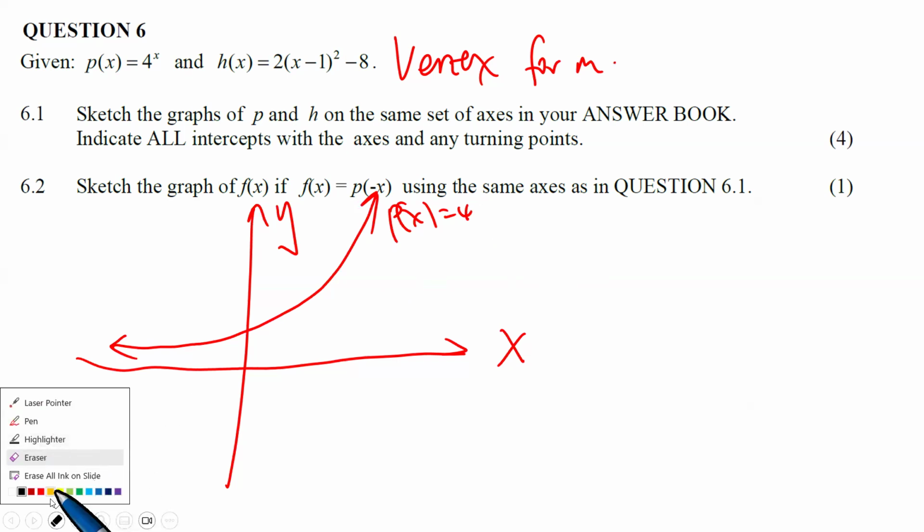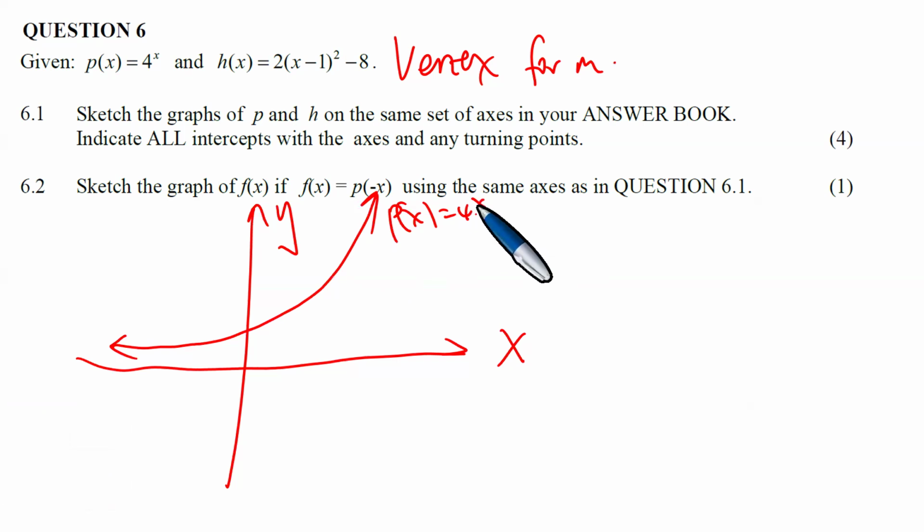So pay attention to this. Now, this one is the vertex, and we need to deal with this one here. The vertex is at (1, -8), when x is 1 and y is -8.